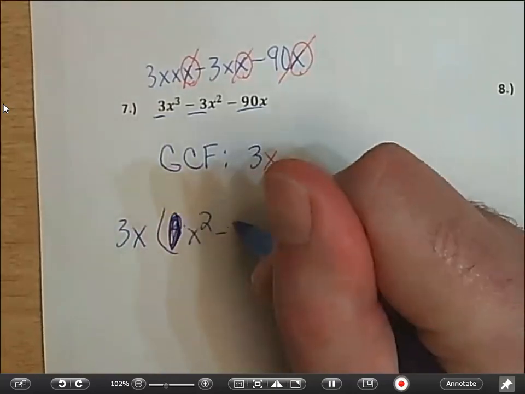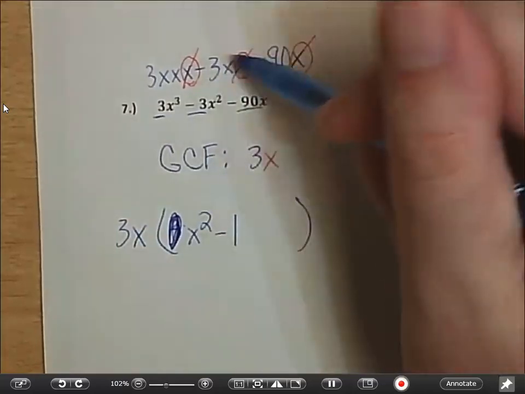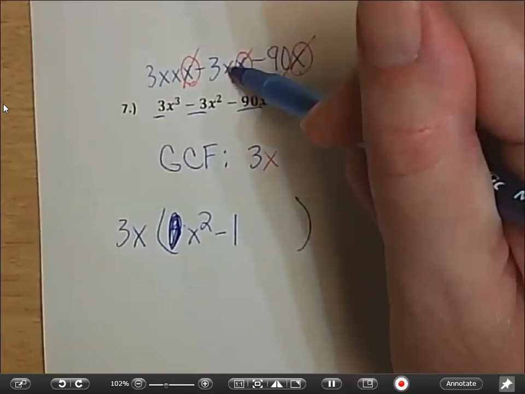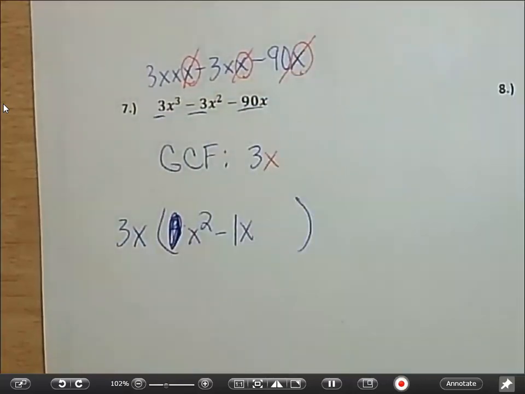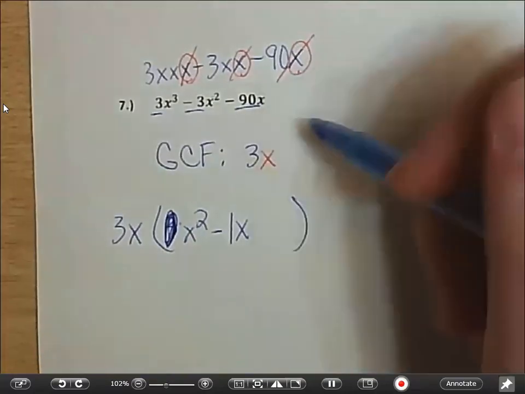So again, you can keep it in there or you can toss it out. You had x squared, but you're factoring one of them out, so you still have an x left over in there. If this is a little tricky for you, it's normal. Just stick with it and you'll pick up a little bit of it each time.